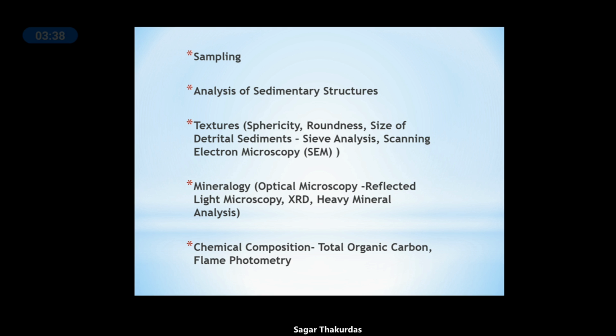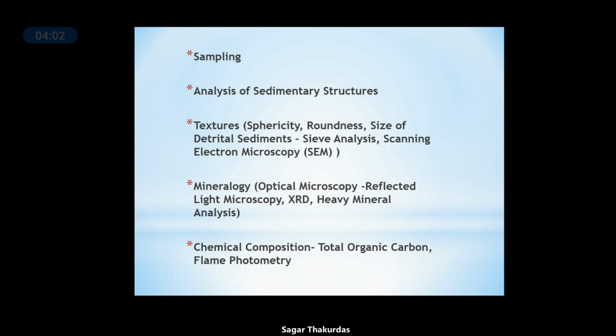Then comes the study of geochemical parameters of the samples, that is chemical composition, wherein different methods are used to find out the total organic carbon. One of the methods is Rock-Eval pyrolysis. Now, total organic carbon in certain cases like in the oil industry is useful in establishing the source rock potential.